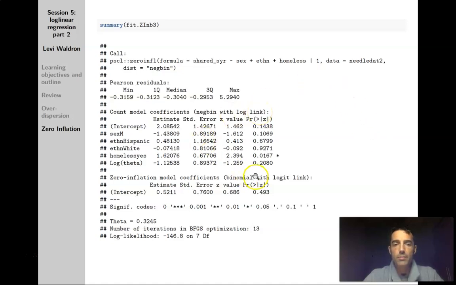So in this model, we actually have fewer significant associations in the count model, and also not in the zero inflation model. So maybe this is not as good a fit. And this is the kind of thing that, again, we could compare these models using 2 times the log likelihood in these nested deviance tests or likelihood ratio tests.